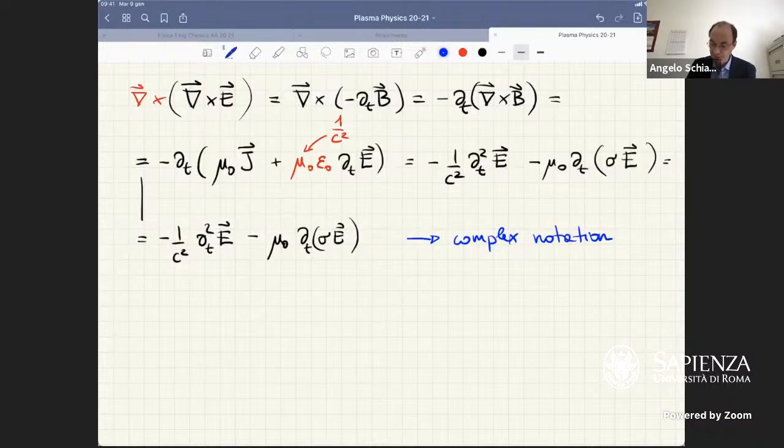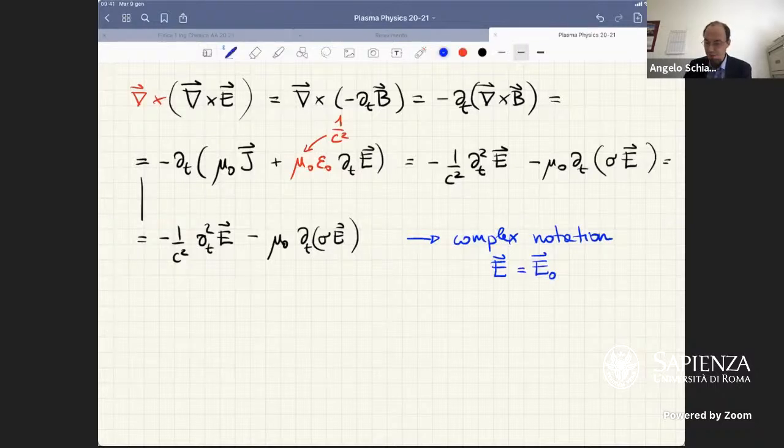So let's go to complex notation, and it means, I'll write it here, that our electric field is going to be expanded around a given equilibrium solution that we assume to be zero, for instance, because in a plasma usually there's no externally applied field, so locally the plasma neutralizes it, so the macroscopic electric field inside the plasma is zero.